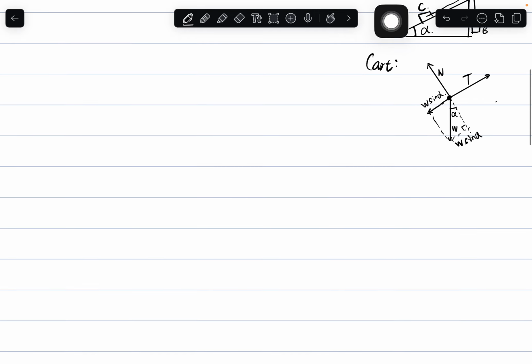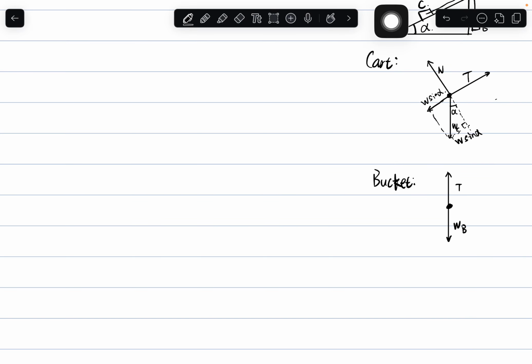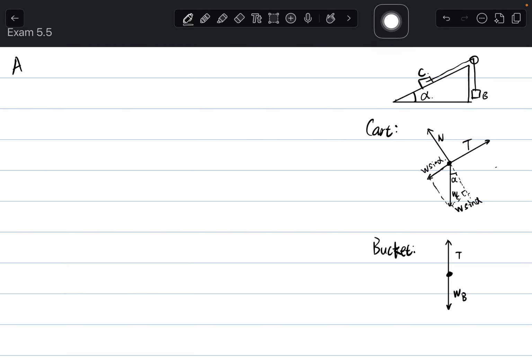All right, and for the bucket we have the tension straight up and its weight straight down. So this is the weight of the bucket, this is the weight of the cart. For part A and B, let's do part B first because it asks for the tension.